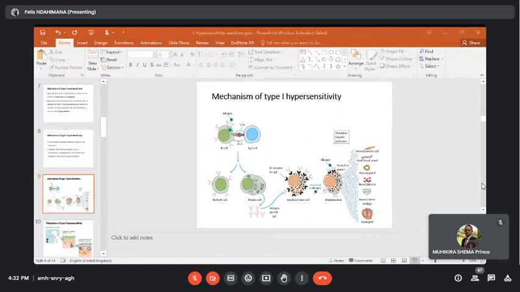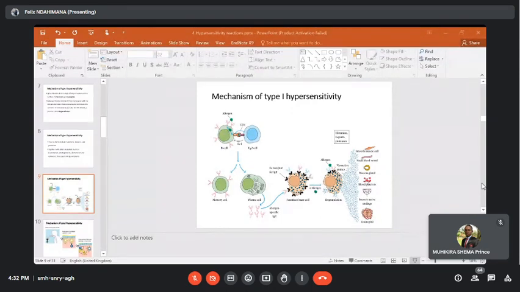And then this memory cell will go through the process and produce a lot of antibody again, as soon as possible. The production of this antibody will increase the amount of antibody, and it will come again to bind this mast cell, which is already sensitized and already has some antibody on it.